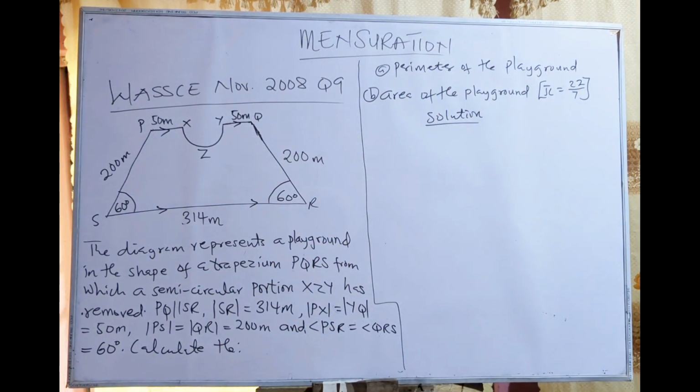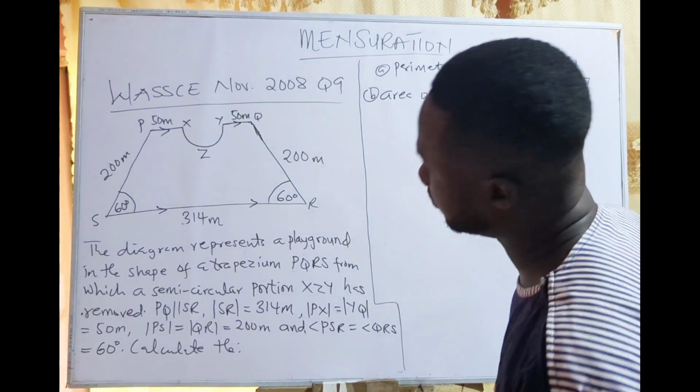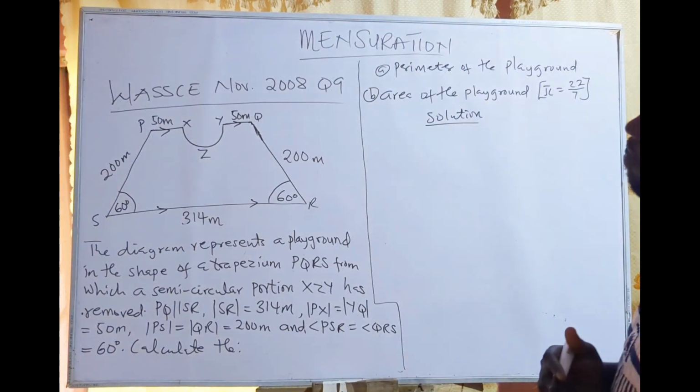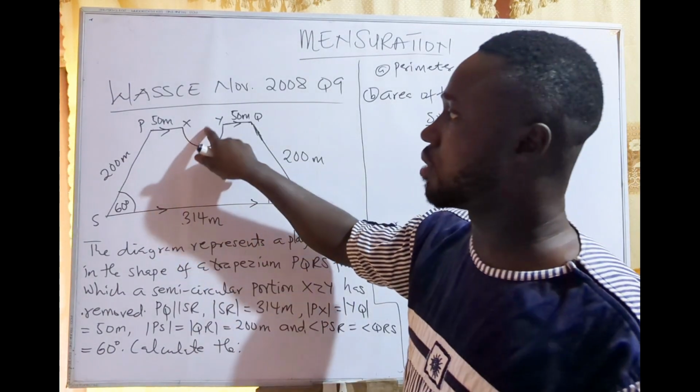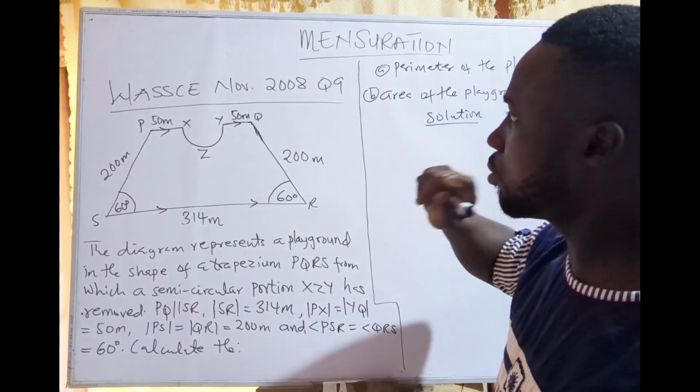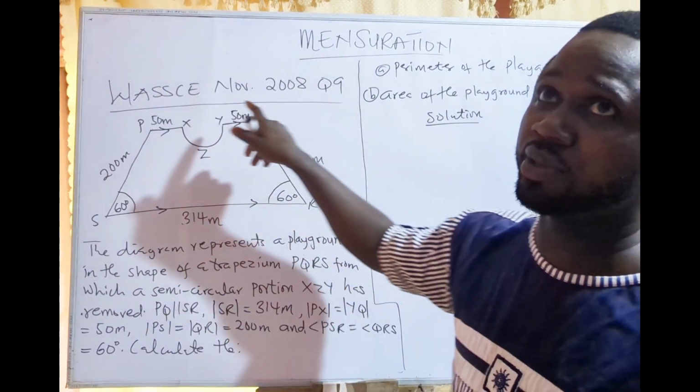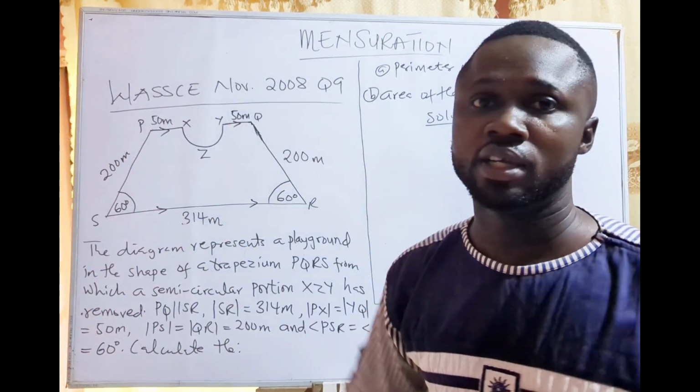So I'm going to calculate the perimeter of the playground, and note that the playground is a trapezium. However, the semicircular portion has been removed. If I want to calculate the perimeter, it is the distance around the figure.